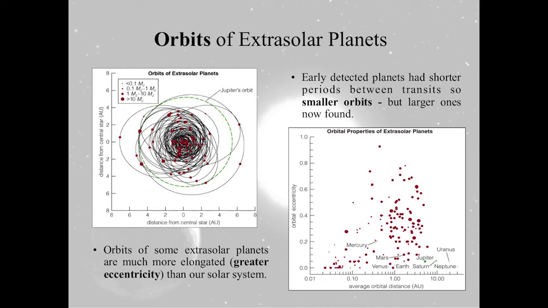So picture a planet now getting dramatically closer to its star or farther from its star. That was a surprise to us. We began to realize, well, maybe not every planet is like those in our solar system. So slowly, gradually, we were getting a few surprises here as we began to look at other stars and their planets.